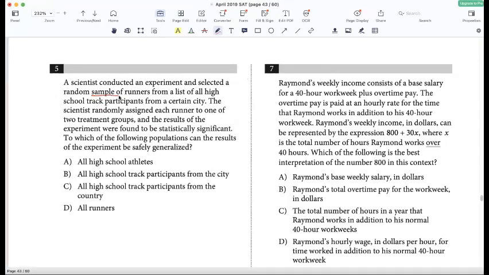So it was a random sample of runners from a list of all high school track participants from a city. So I don't think you can apply to all high school athletes because this was only track participants. Yeah, you can apply to all high school track participants from the city. That group works. All participants from the country or all runners is too broad a group, so B.